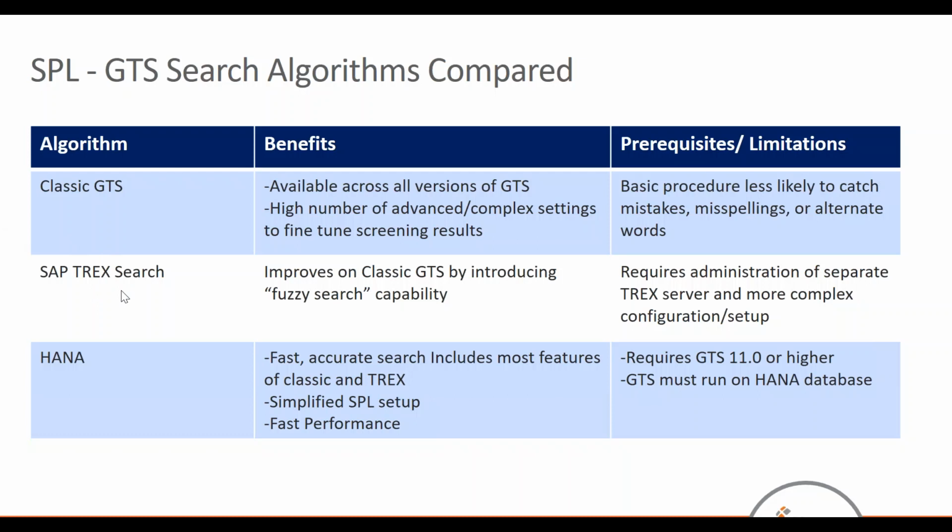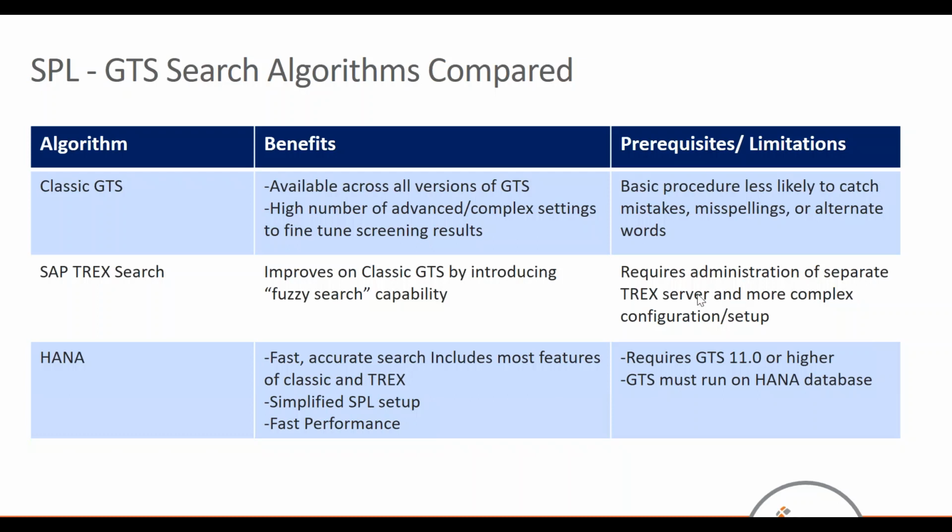With this TREX search, you can do the fuzzy or the extended fuzzy search. TREX is a free SAP search utility. However, it does require administration, so there is a separate administration of a TREX server required here.